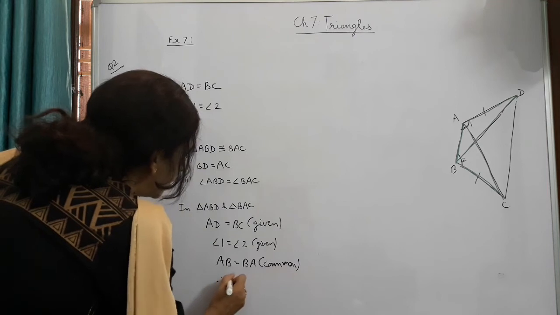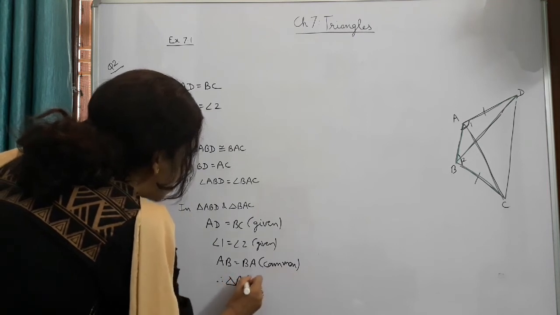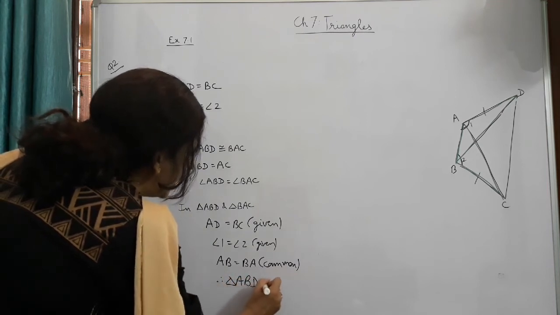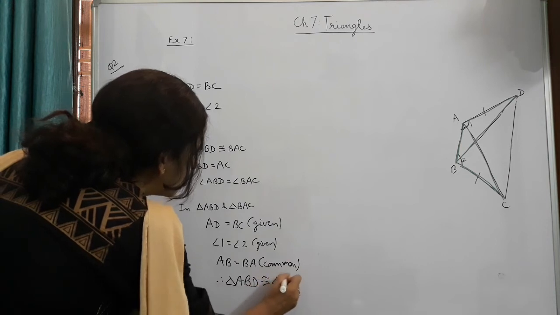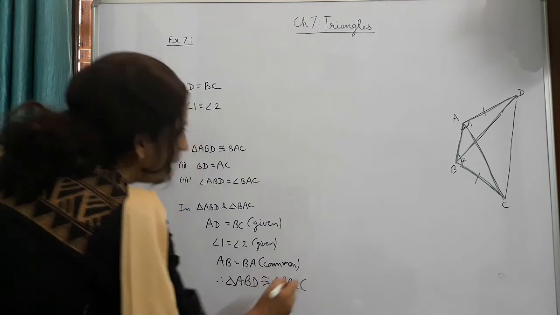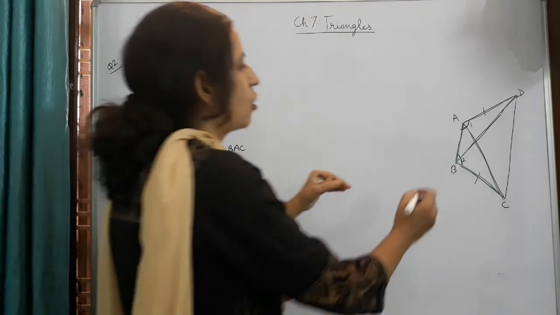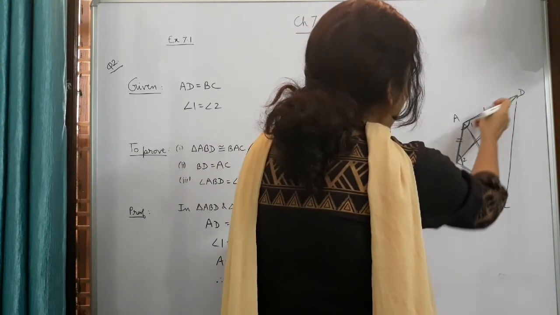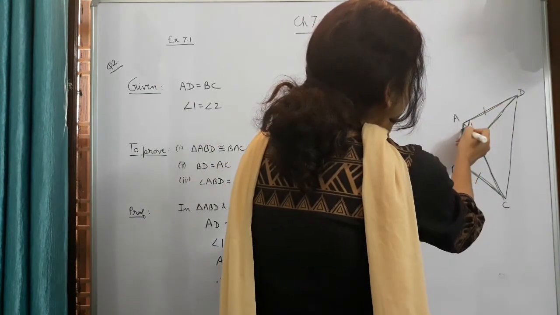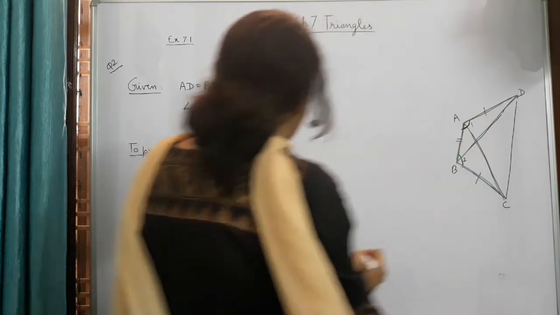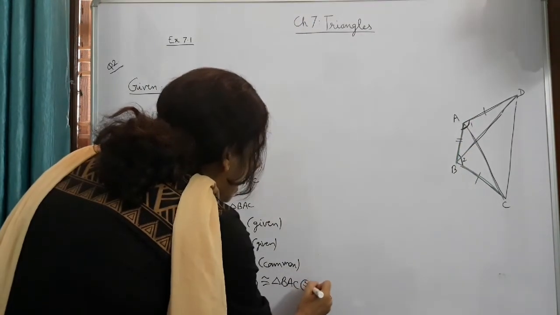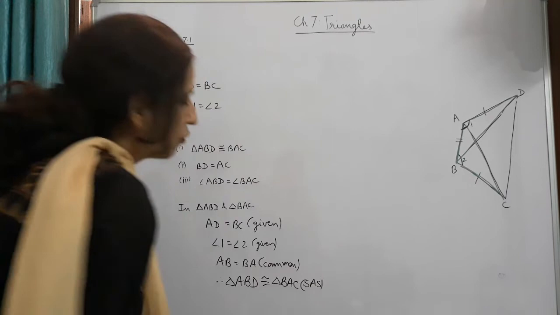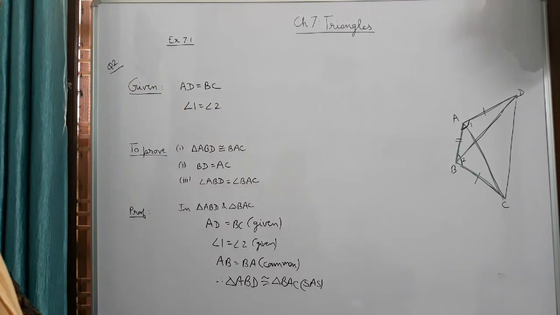So therefore these two triangles are congruent. Triangle ABD is congruent to triangle BAC by which criteria of congruence? By SAS criteria of congruence, these two triangles are congruent.